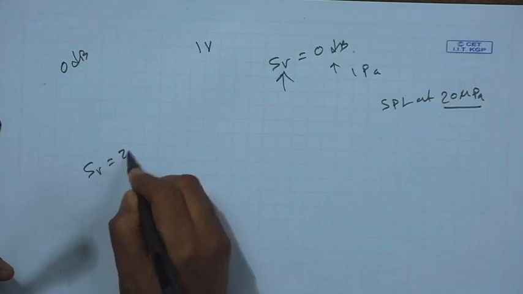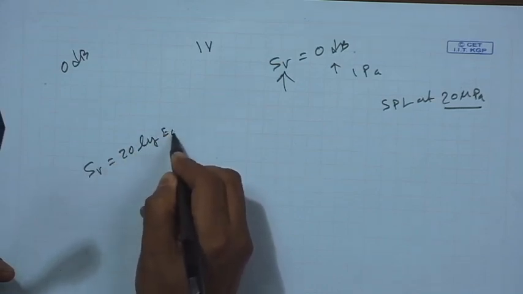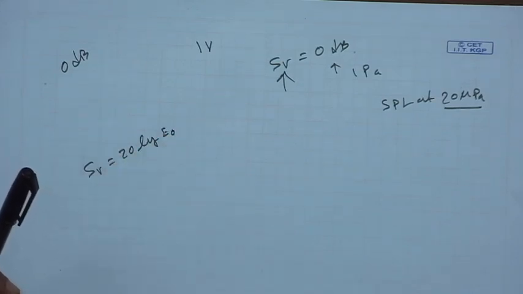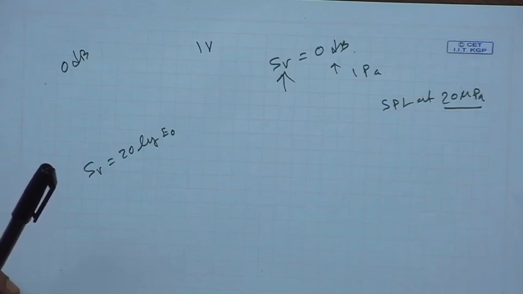Okay. So, SV is nothing but 20 log E0, where E0 is the voltage produced at the output in the open circuit condition of the microphone.